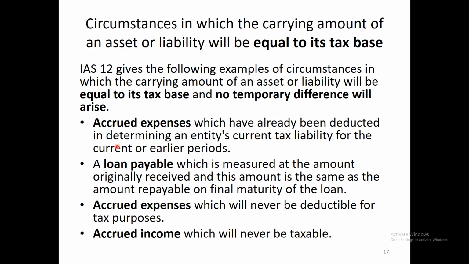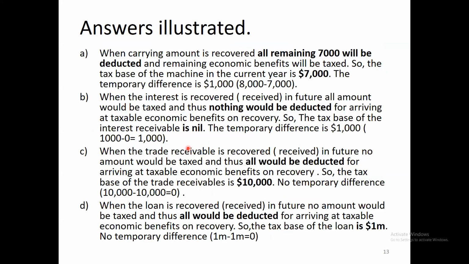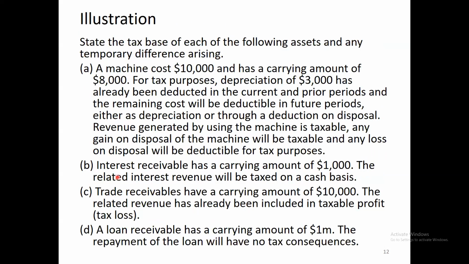For example, number one, accrued expenses which have already been deducted in determining an entity's current tax liability for the current and earlier periods. For example, the trade receivable has a carrying amount of 110,000 and the related revenue has already been taxed.